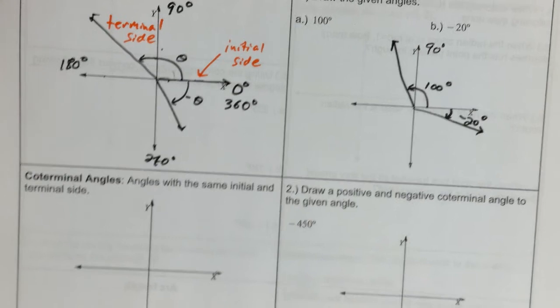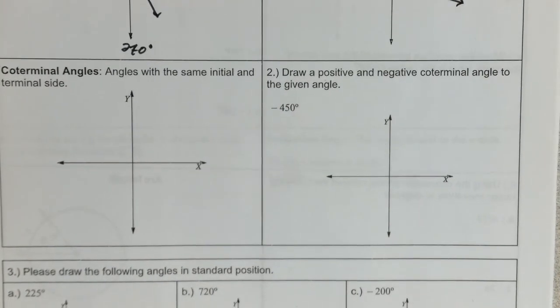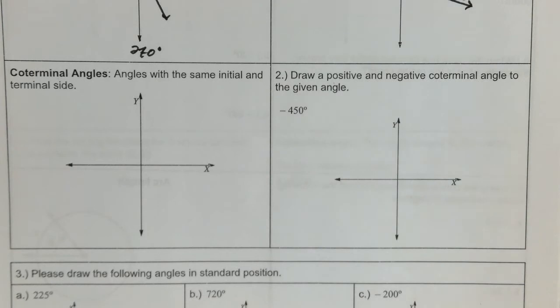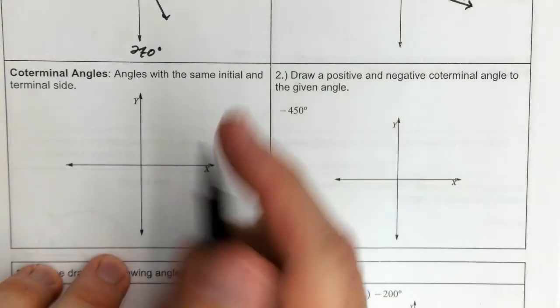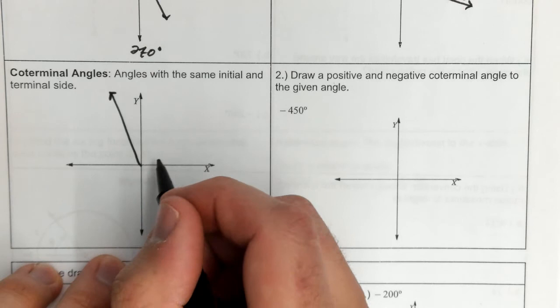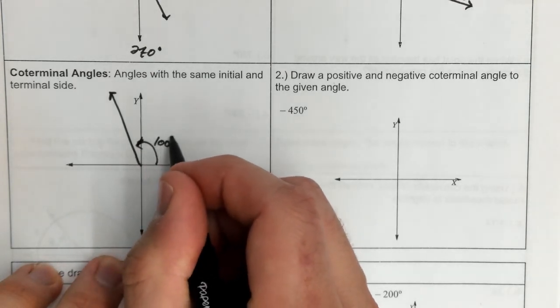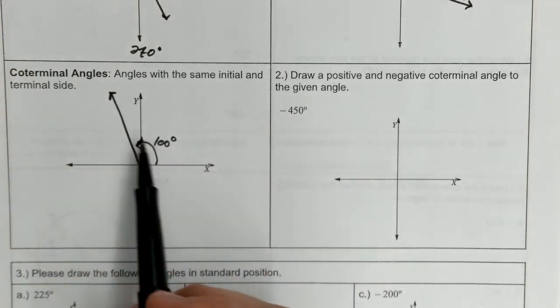So for example, let's stick with our 100 degrees here because 100 is easy to think about. So sketch in 100 degrees. What is another way to get to this terminal side here?